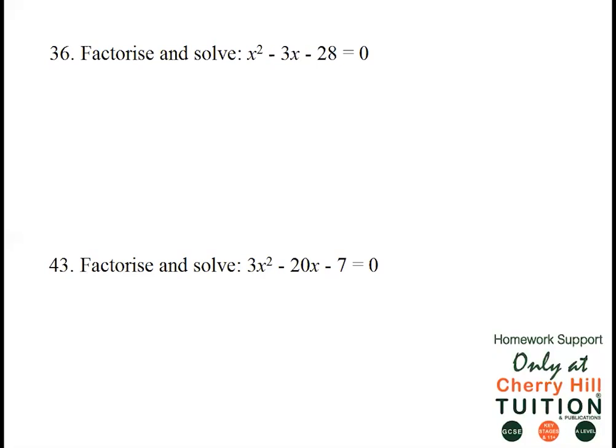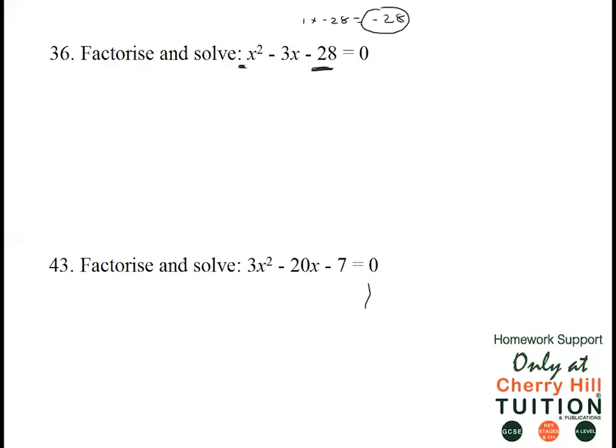So let's get started by factorizing it first, and then I will show you how to solve. So in order to factorize x squared minus 3x minus 28, like I showed to you before, we need to multiply the coefficient of x squared by this number here. So 1 multiplied by minus 28, which is minus 28.